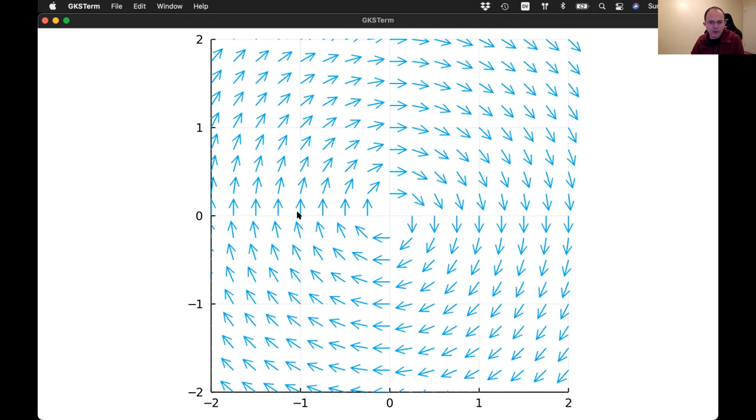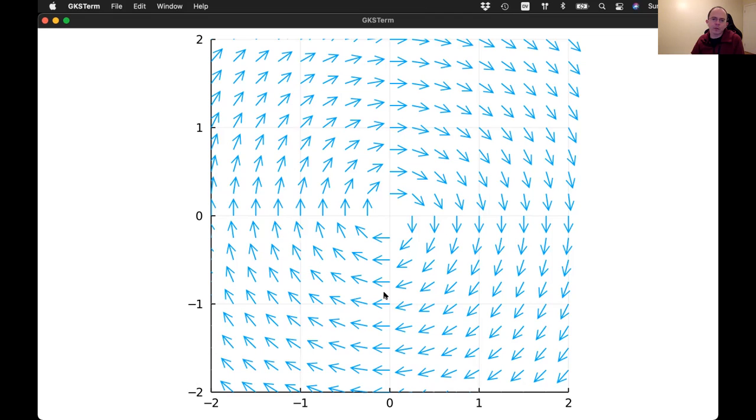And over here at negative 1, 0, we would get 0, 1, and so now that's pointed up. Up here, we have the point 0, 1. That will give us the direction 1, 0, which is pointed to the right.